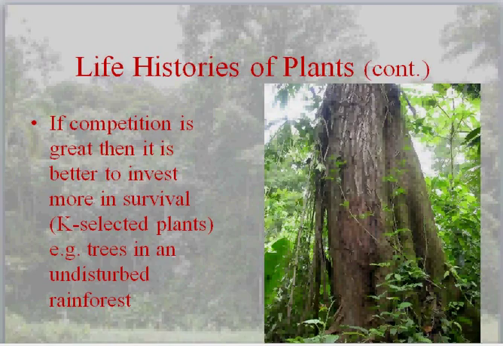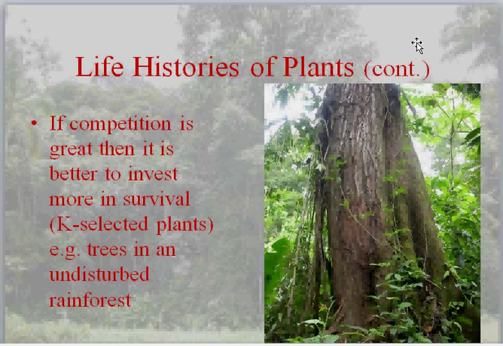Trees generally are a good example of K-selected plants, but within the trees there will be K-selected and R-selected plants. Trees in an undisturbed rainforest and in a rainforest in general are the most obvious example of these K-selected plants which invest in survival before they invest anything in reproduction.